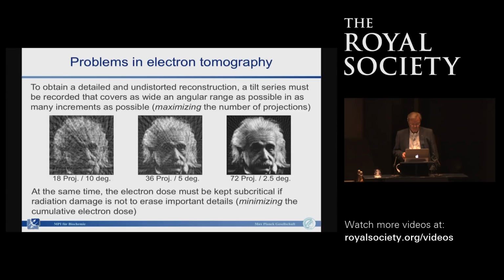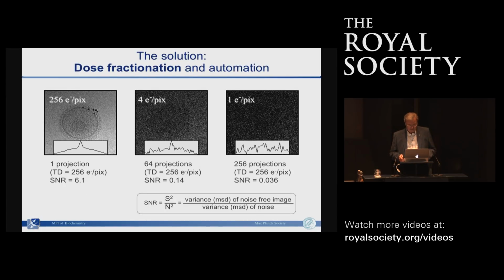Now, very briefly, the problems in electron tomography are simply to obtain a detailed and an undistorted reconstruction. A tilt series should cover as wide an angular range as possible with increments as small as possible, meaning we want to maximize the number of projections. That determines the quality of the tomogram. At the same time, this is difficult to reconcile with the need to minimize the cumulative electron dose to avoid radiation damage.